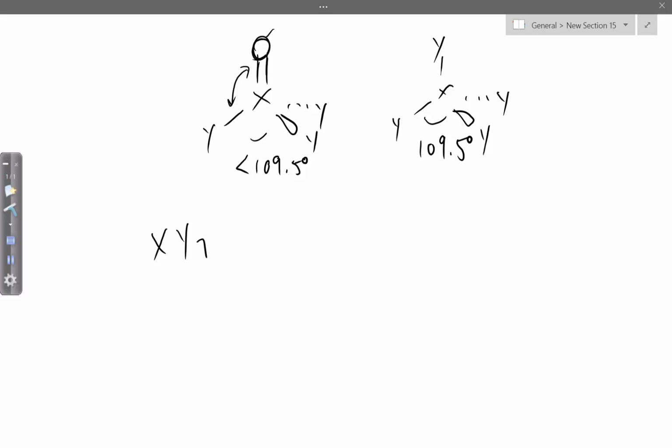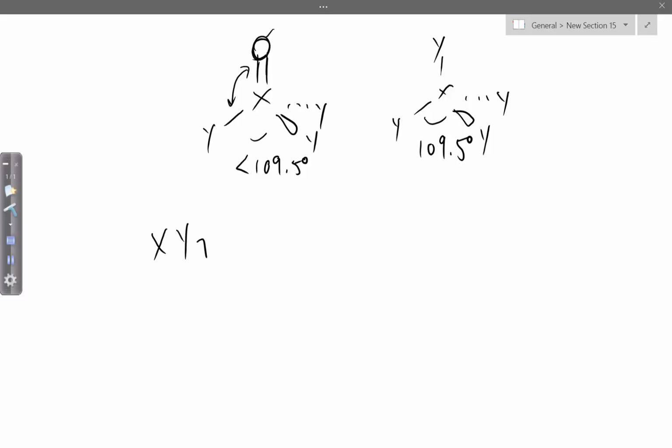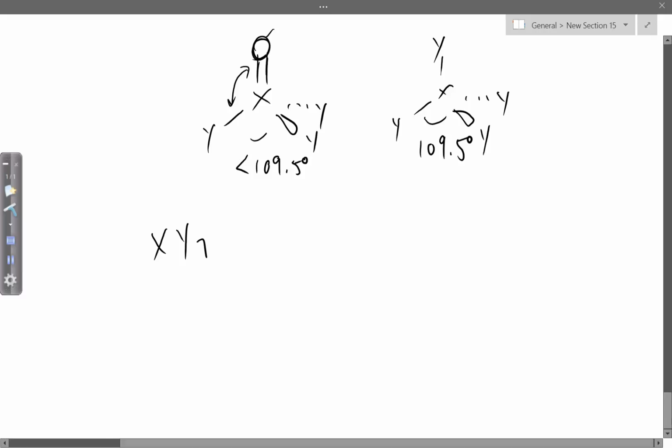And it's not possible for me to list out everything. What's the shape? XY7. An example will be IF7, for info.